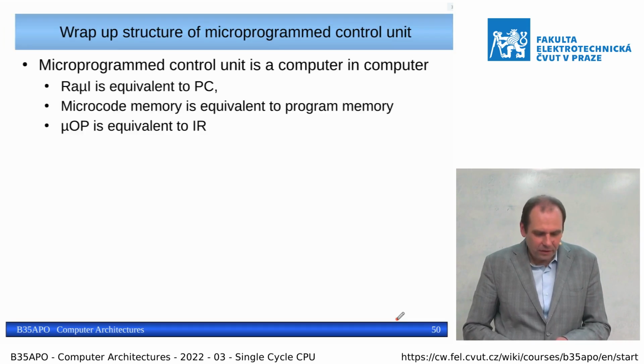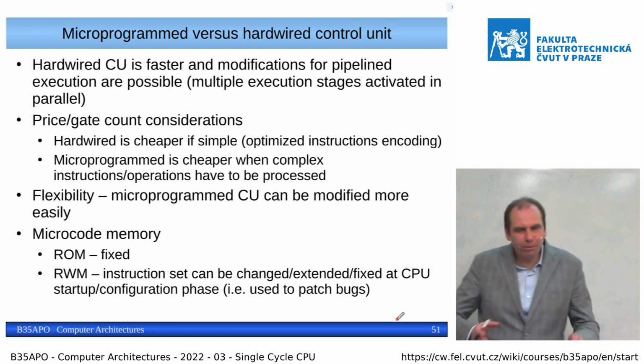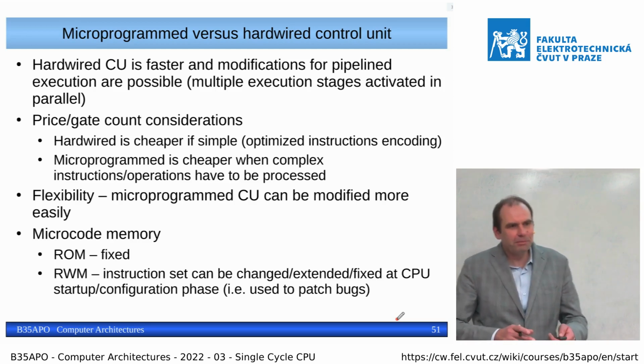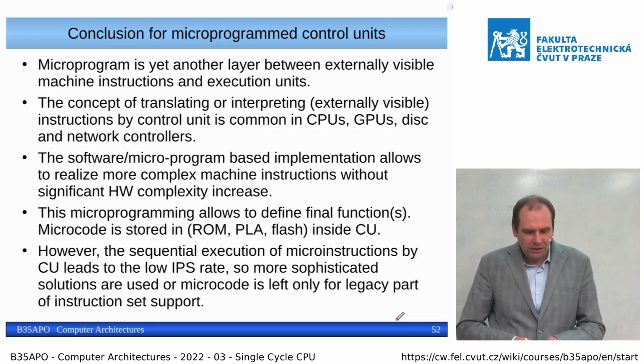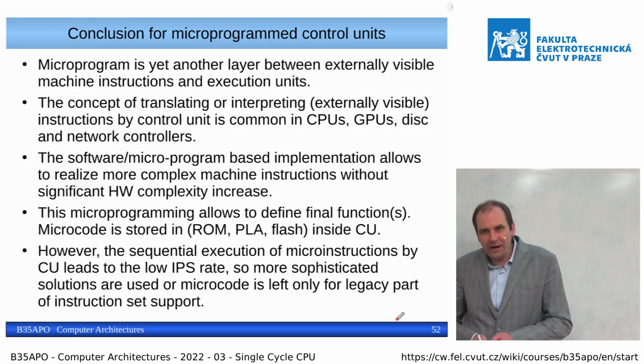And you can have there microprogram counters. So basically, you can put a smaller CPU inside the CPU, and this smaller CPU with a fixed program can interpret the instructions. Okay. Today, microprogram control units are okay.